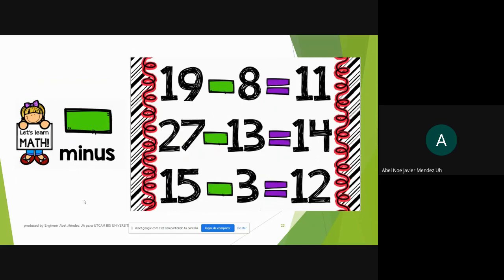And the third operation we can read like this: 15 minus 3 equals 12. These are subtractions. Subtraction is the operation, and the symbol that denotes the subtraction is named minus.